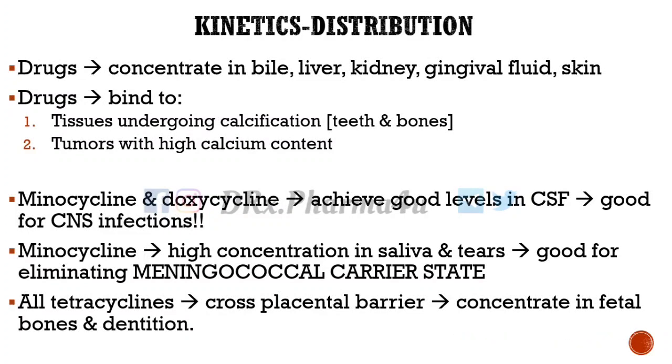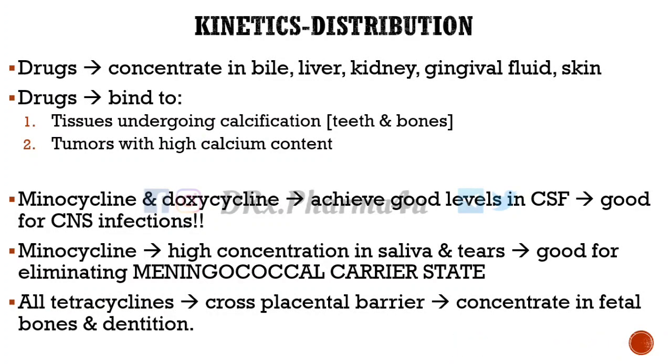Minocycline has another interesting feature. For example, you are in contact with a person who suffered from meningitis, and maybe that person was suffering from meningococcal meningitis. So maybe you came in contact with the person, you used the person's material, anything like that.